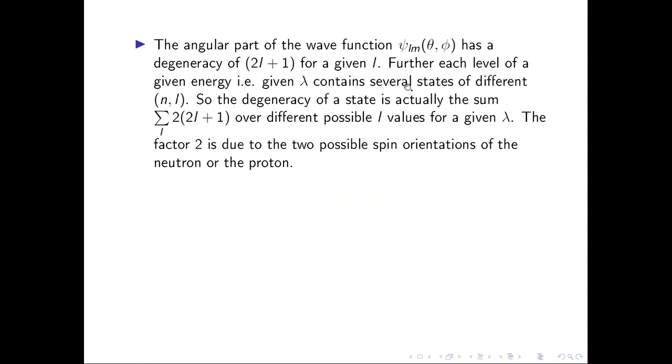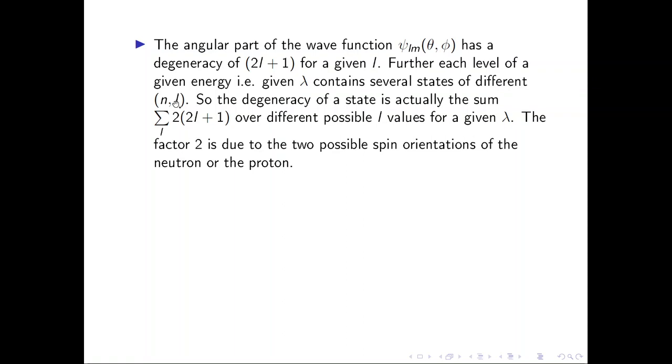So the degeneracy of a state is actually the summation over L of 2 into (2L plus 1) over different possible L values for a given lambda. For a given lambda, we have to see the different n, L values which will give the same lambda.